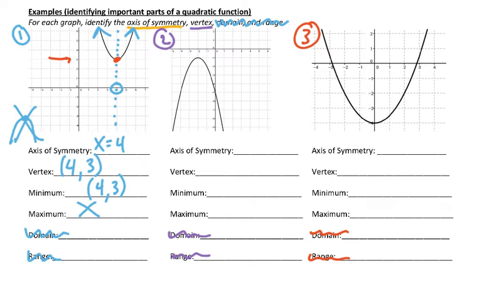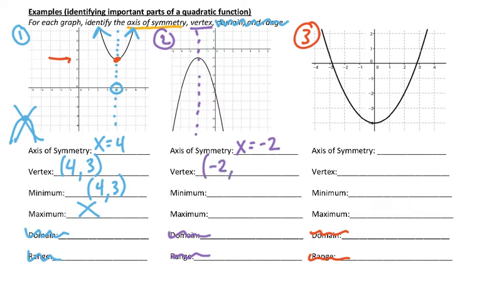All right, I'm on number 2. I can see the parabola has this symmetric part here. I can fold it over along this. Well, I didn't draw that very well, Mr. Brown. Let me try that again. That's a little bit better. That looks like it's at the point -2. So my axis of symmetry is x equals -2, the equation of a vertical line, which means the vertex is at -2 comma something.